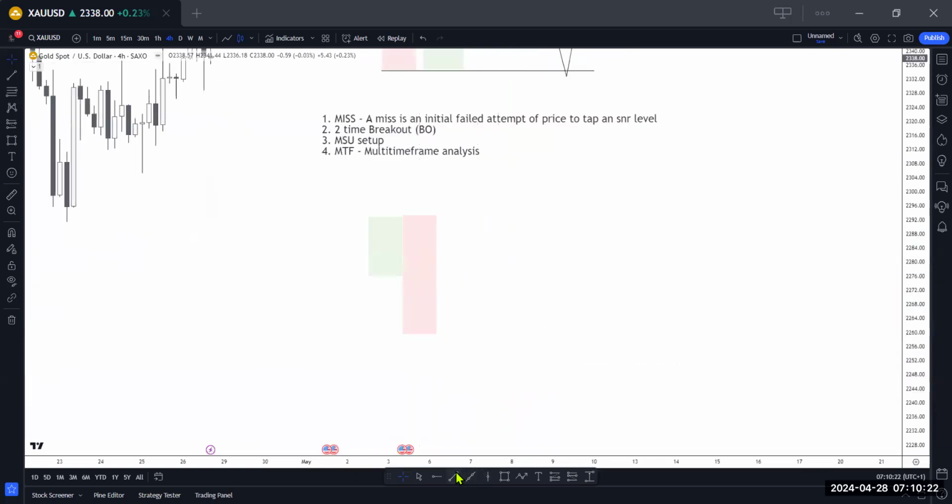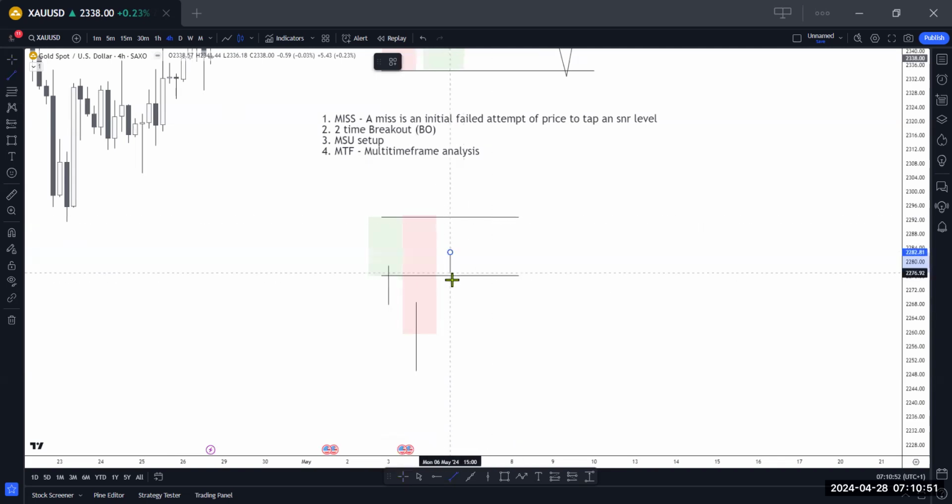So we have something like this, and this guy here is engulfed, right? Let's remember the opening price is an SNR level, and so these are the two SNR levels we have. Imagine a new candle opens and taps this area, but does not tap this area.